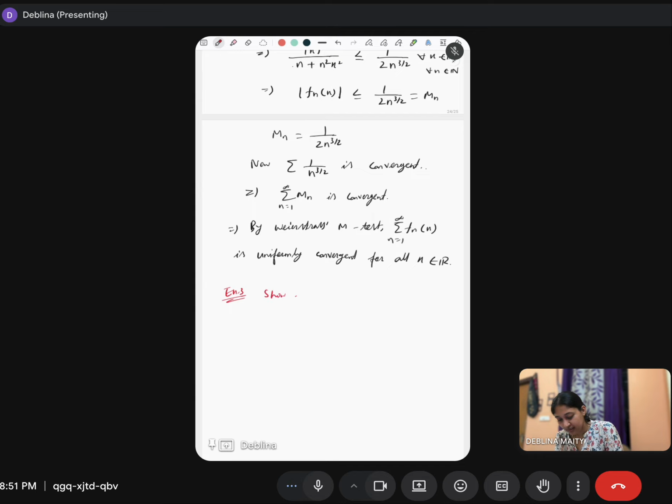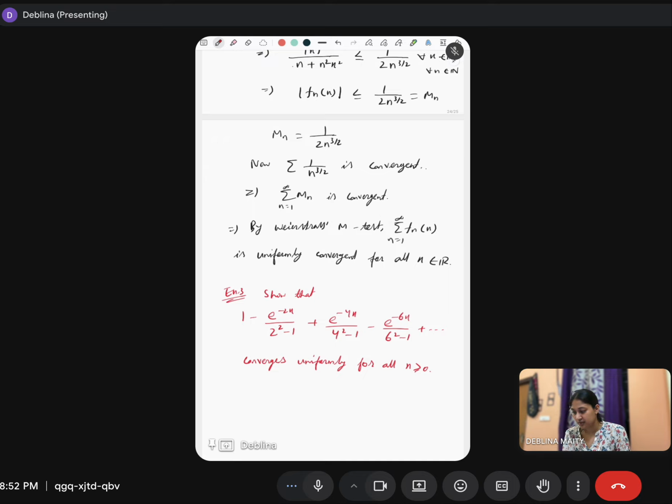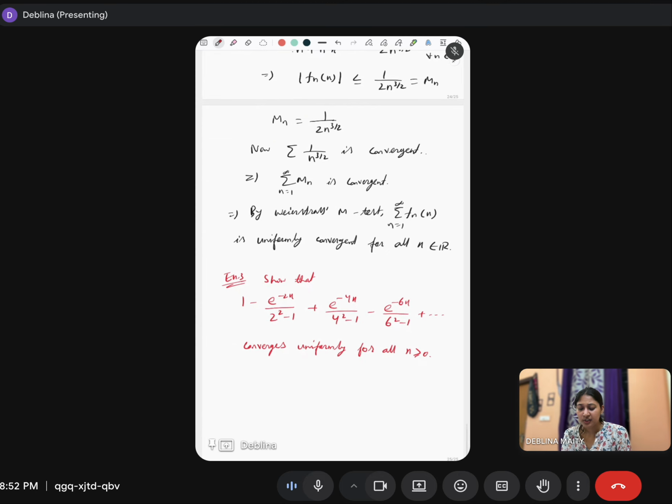So show that this series, e to the power minus 2x by 2 square minus 1, plus e to the power minus 4x by 4 square minus 1, minus e to the power minus 6x, and so on, converges uniformly for all x greater than or equal to 0. Right. Also here we will use the Weierstrass's M test. Right. This is a simple exercise.